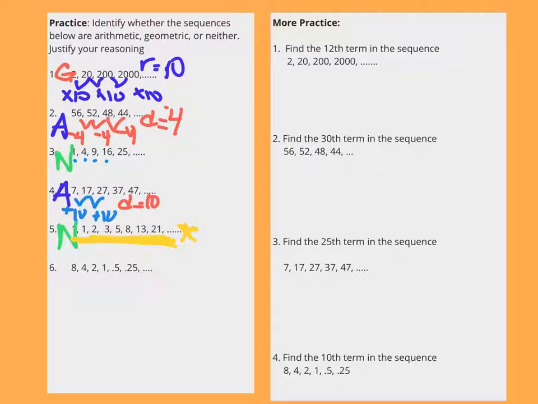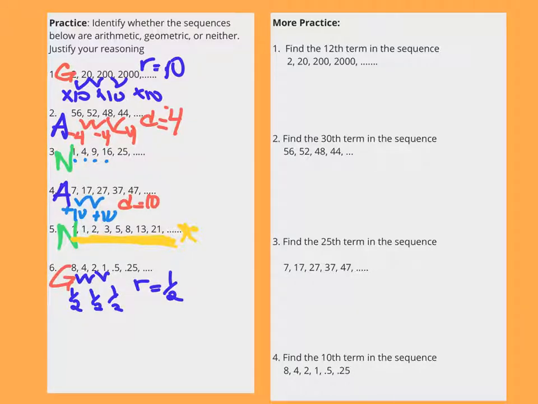If we look at the ratios, I can take 8 divided by 4, that is 2, so really 4 over 8 would give me a ratio of a half. If I multiply it by a half, 4 times a half would give me 2, 2 times a half would give me 1. So here I have a ratio of 1/2, so I'm multiplying by the same amount each time. If I have a common ratio, I have a geometric sequence.